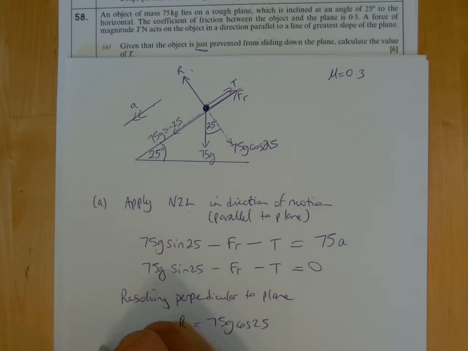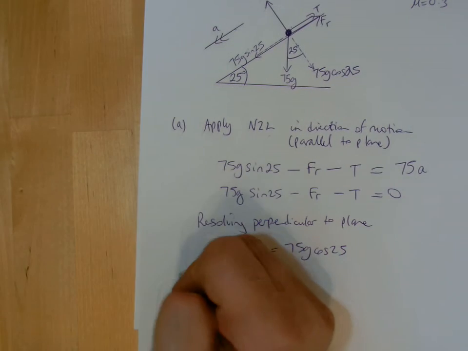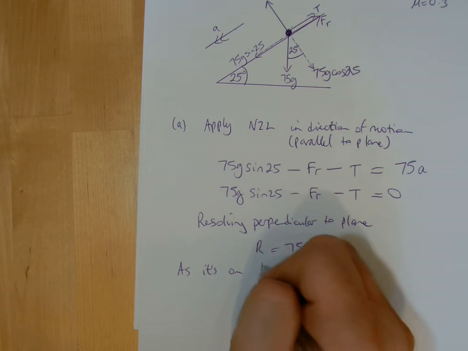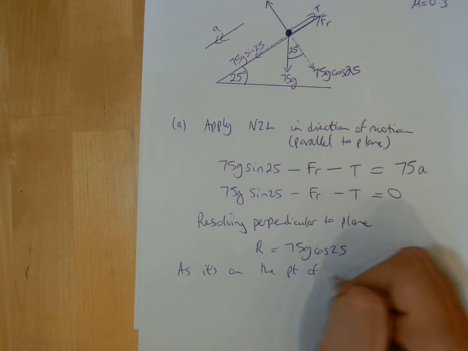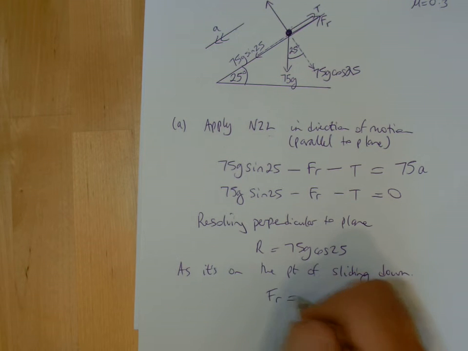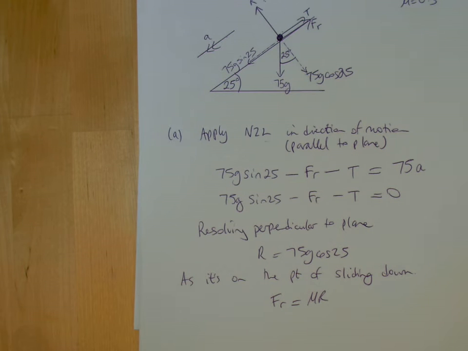Now, as it's on the point of sliding down, because it does say just, we can say that the friction will equal mu R. Friction is going to be at its max, because it is literally on the point of sliding, and it's only been prevented by this tension force T that has been applied.